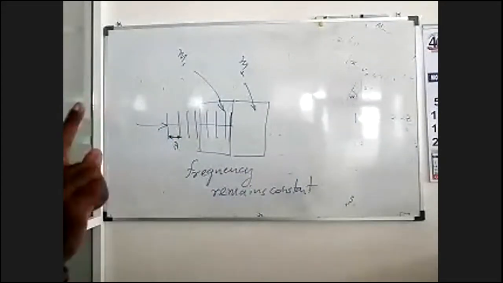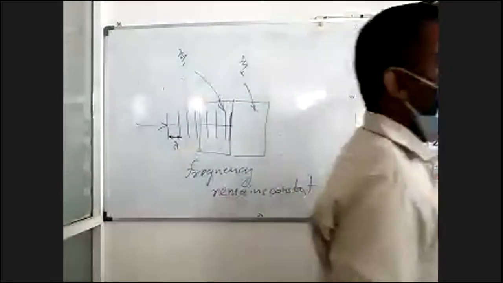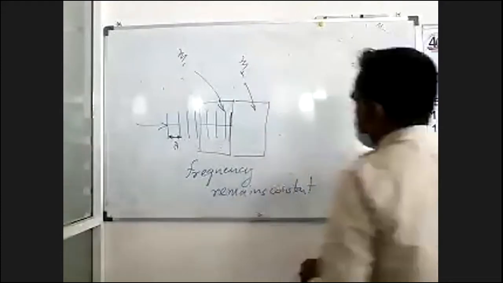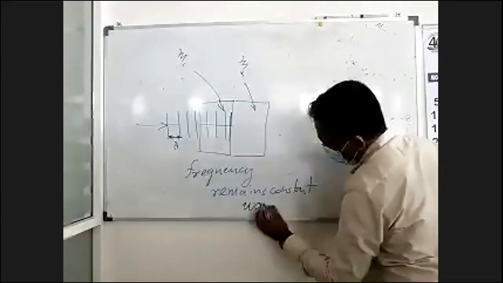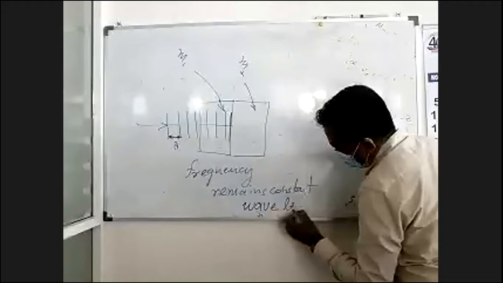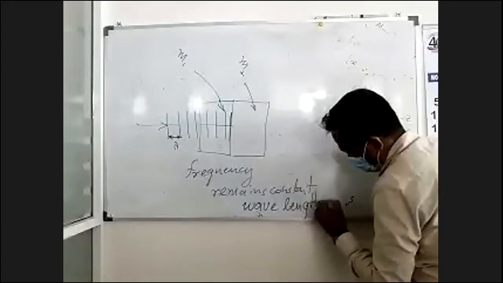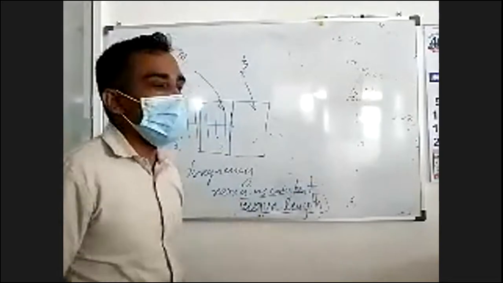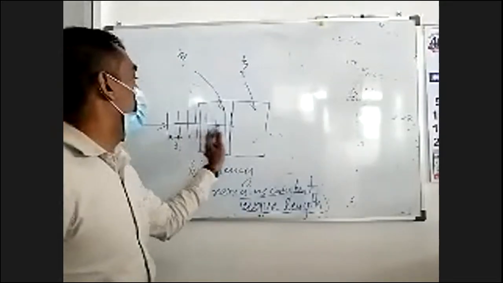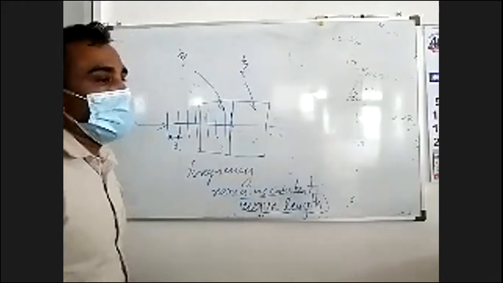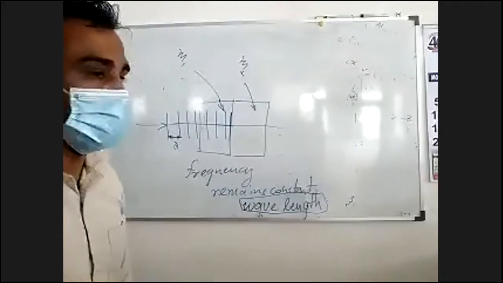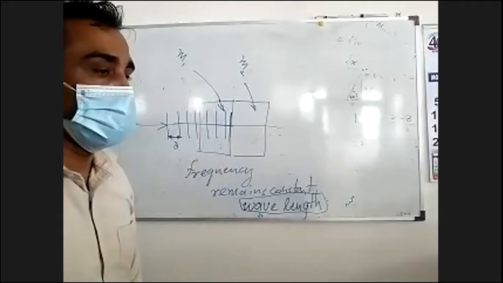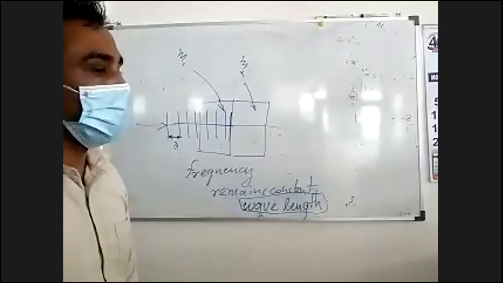But what will happen to the wavelength? Wavelength is not a constant when the radiation is moving in one particular direction. Wavelength can be changed.